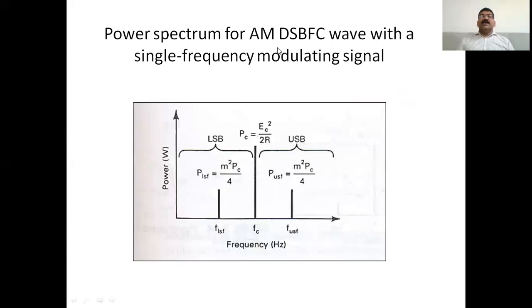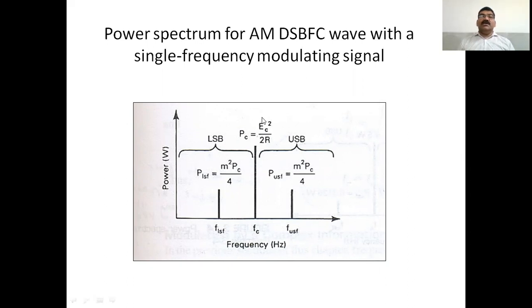Now the power spectrum of the amplitude double sideband full carrier. Sometimes they ask for the voltage spectrum or the frequency spectrum. If the frequency spectrum is asked, then you can refer to the voltage spectrum we described previously. If they specify the power spectrum, then only this spectrum you have to specify. So Pc equals Ec or Vc squared by 2R.